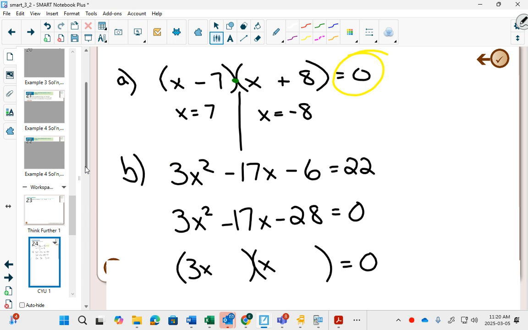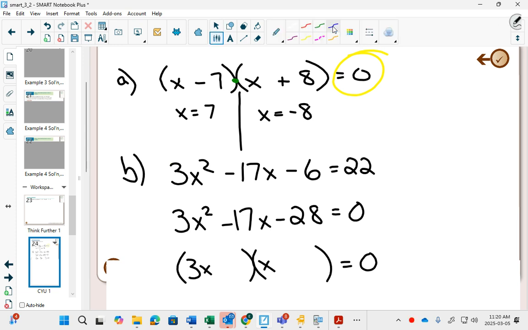Did anybody have some numbers you want me to try? Last ones have to be 28. What multiplies to 28 that you think might work? 7 and 4. Try 7 and 4. So now you have options, right? It could be 7 and 4. If I put the 7 here and the 4 here, my outside is 12, my inside is 7. 12 and 7 make 17?